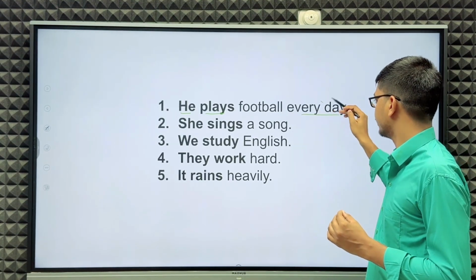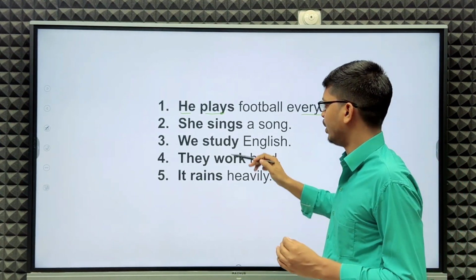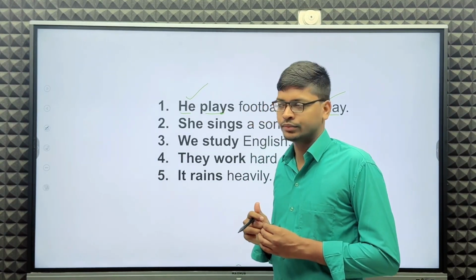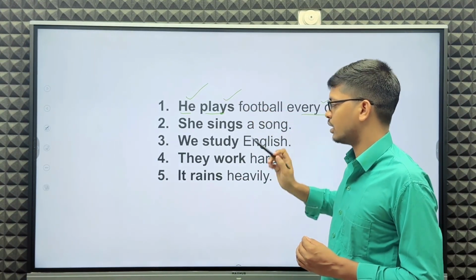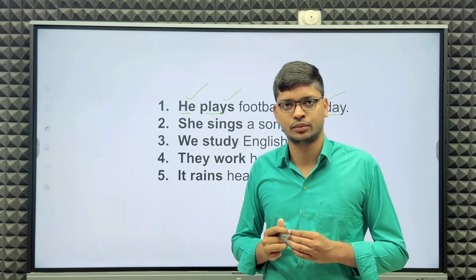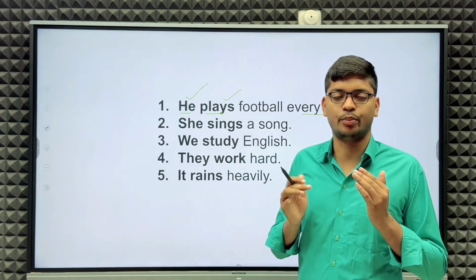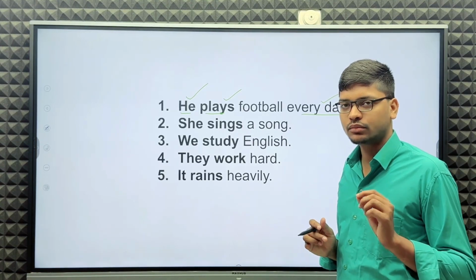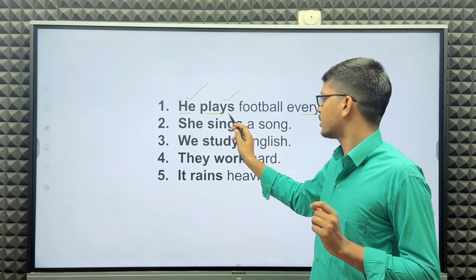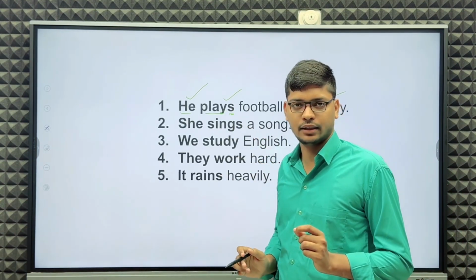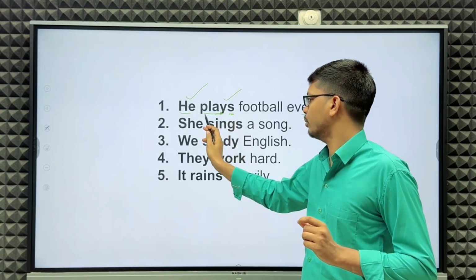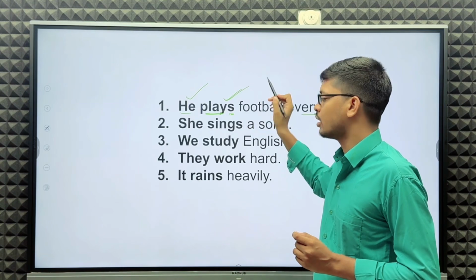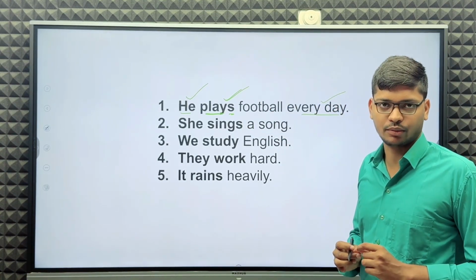So he is a subject pronoun here, and plays is the main verb of the simple present tense, because we see s added at the end of the verb. So we can say this is a simple present tense verb.